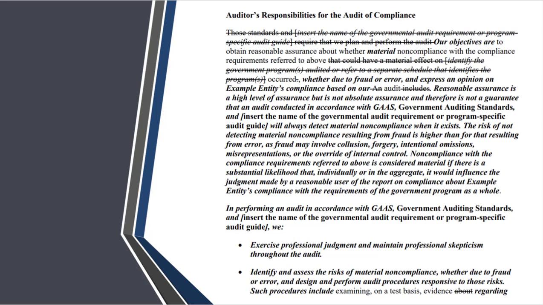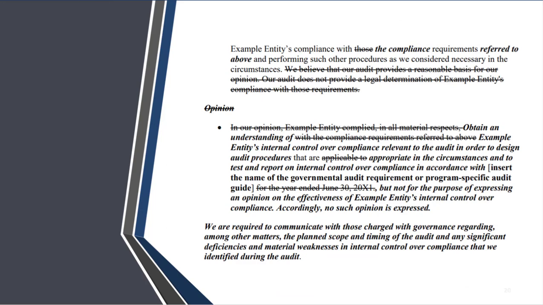We will also refer to the rules related to the governmental audit requirement or government program here from the audit guide, talking about exercising judgment, risk assessment, and then providing the compliance with the compliance requirements, talking about obtaining an understanding of internal controls, and then communication with those charged with governance. So very similar to what we would have.